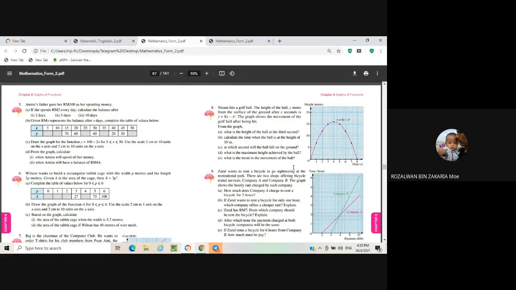That means slower, faster. What you can read from this graph, from time 0 until 1 second, 2 seconds, 3 seconds, and until 8 seconds. Is the movement constant, the same, or increasing, decreasing? That's what is meant by trend. So you must state that.